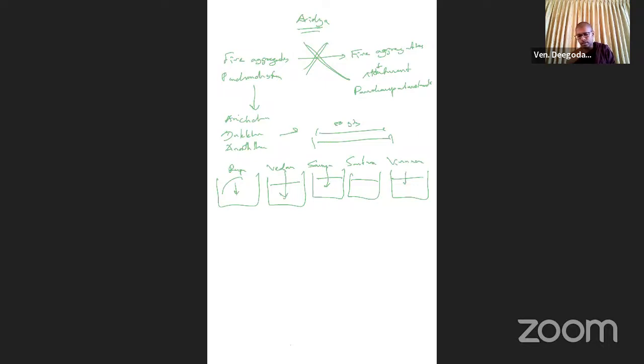So these five baskets, if you try to divide your life into these five baskets, you would see that it is actually a combination of these five that gives rise to one unit of living, or a living being.